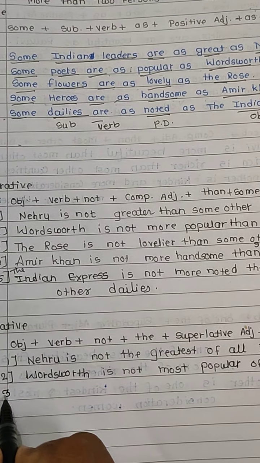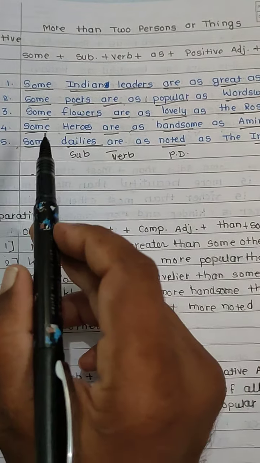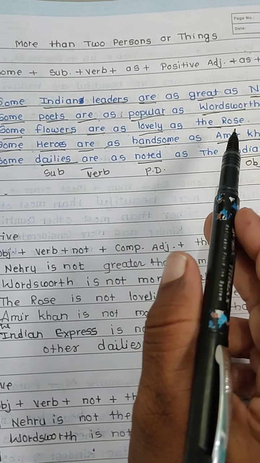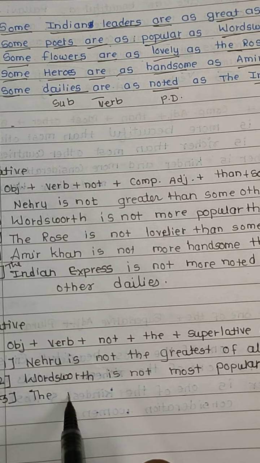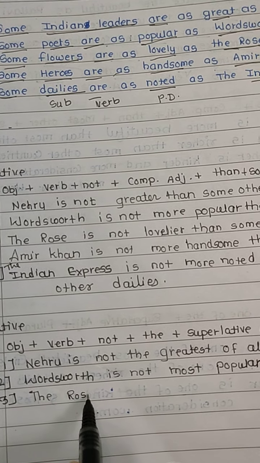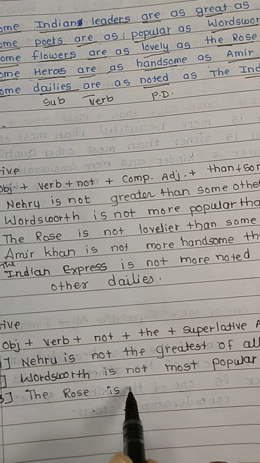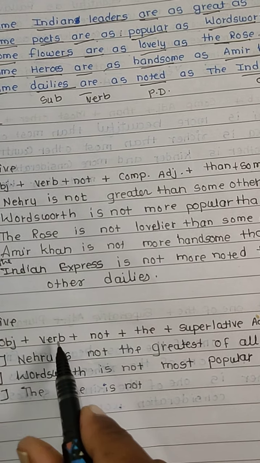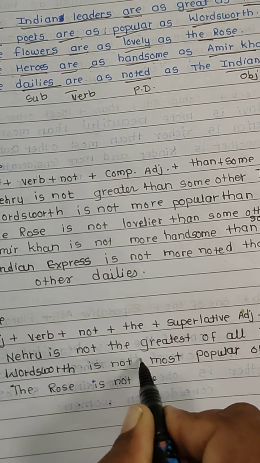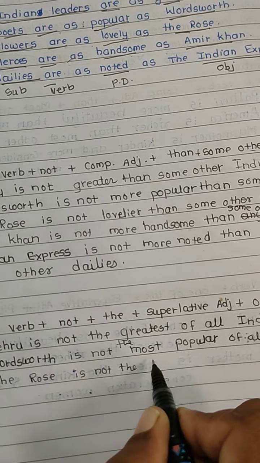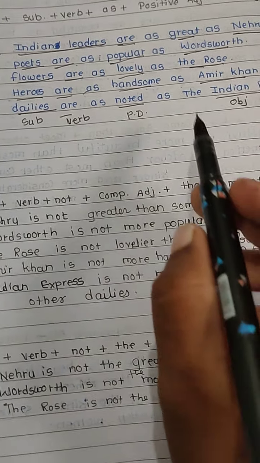The third sentence is, "Some flowers are as lovely as the rose." The rose is not. So the verb and "not" are there. Afterward, we miss the superlative adjective of lovely.